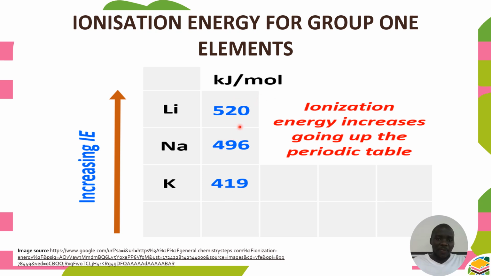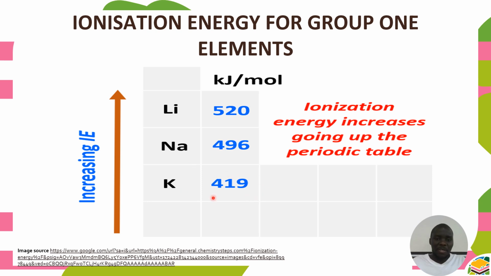If you check the first ionization values, they are decreasing. The reason is that as we move from lithium to potassium, the number of energy levels is increasing. The shielding effect is also increasing. Therefore, the outermost electron in potassium is weakly attracted by the nucleus. Hence, we expect that it is easier to remove an electron from potassium than from lithium.